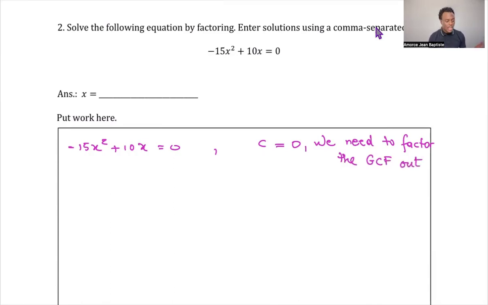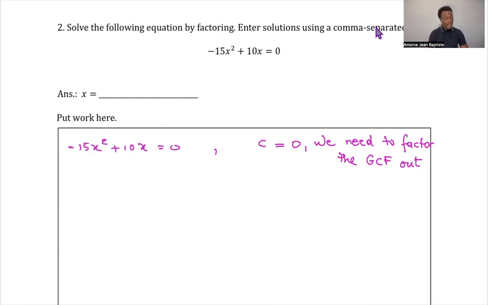So what is the GCF of the left side? Well, obviously we need to put the equation in standard form first, and then after that you will try to factor the GCF. It's already in standard form. That's why I don't bother working on anything before factoring the GCF out. I'm going to factor my negative sign out too, but you don't have to.